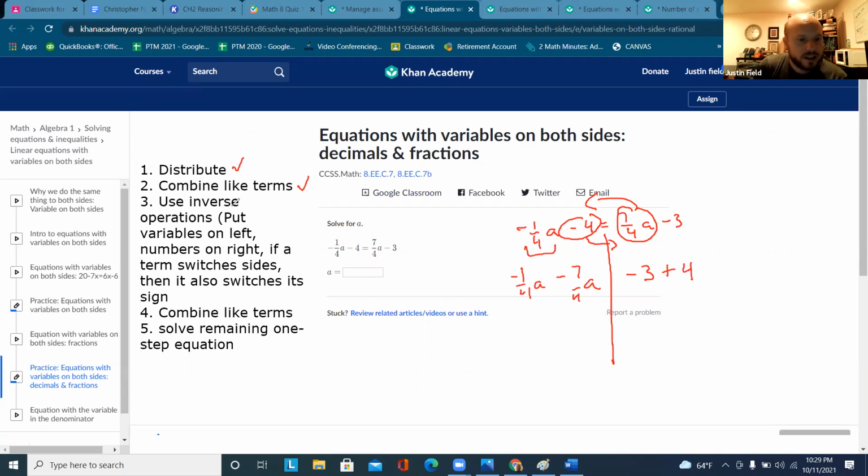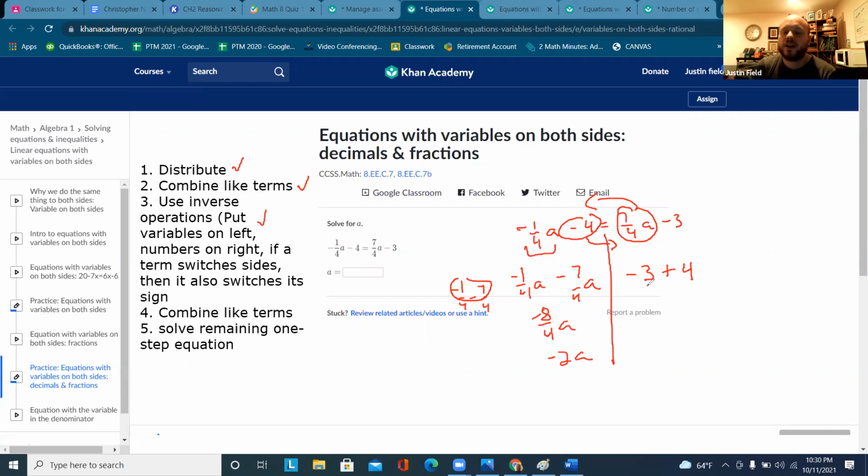All right. Now, step 3 was a big one, but I'm done. Now I'm going to combine my like terms. -1/4 minus 7/4. Just do the numerators here. -1 minus 7 is -8, and -8/4 is -2.